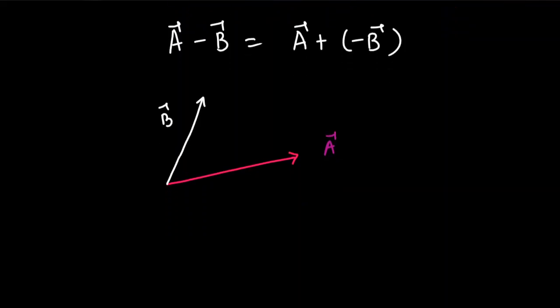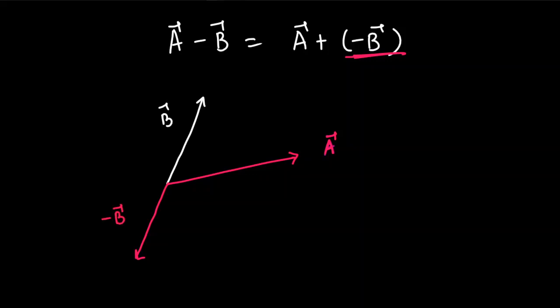And by doing so, you get -B. We just need to change its direction. So you get the vector -B.